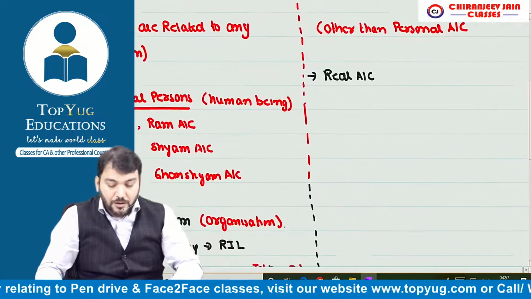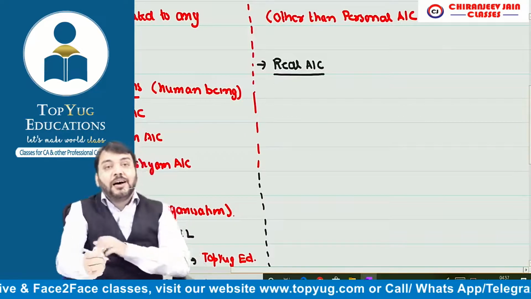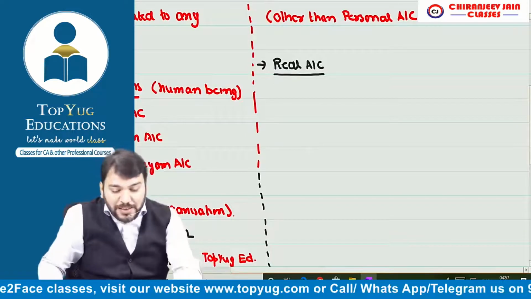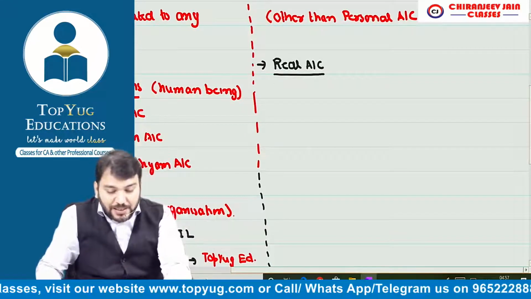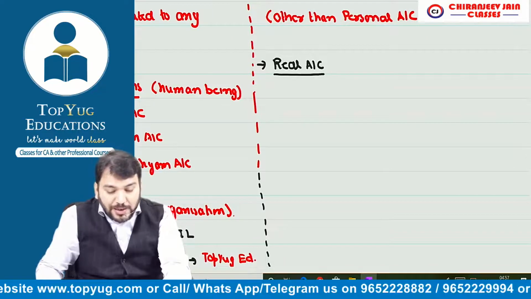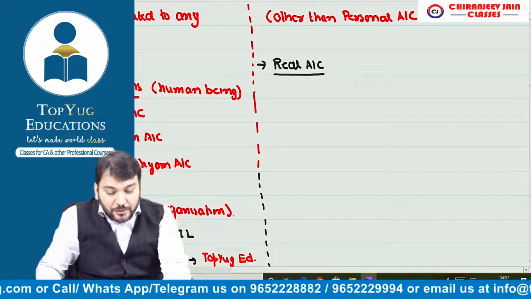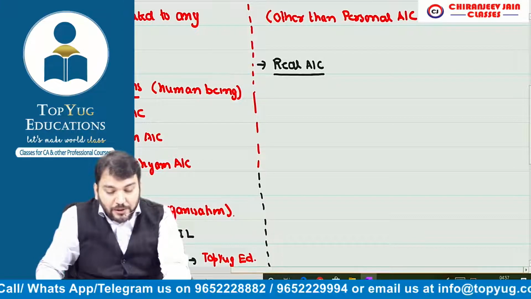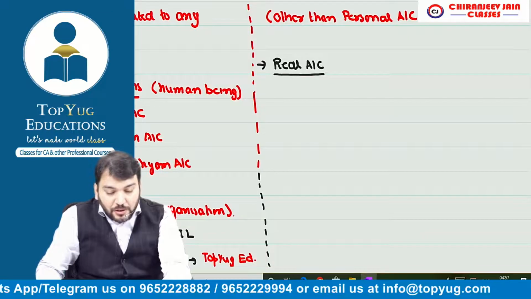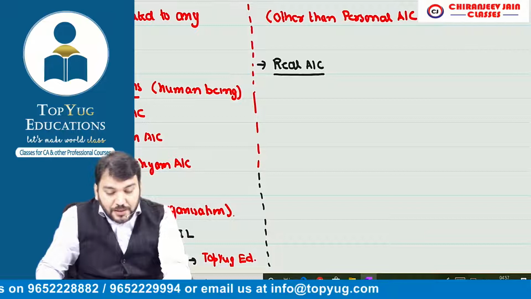Chalo. Now, coming to the real account. Real account means what? I got many answers. Let us read what they are saying. Real account is related to tangible or intangible assets. Real account is purchase and sale. All assets and goods are covered. Only cash. Related to asset and liability.